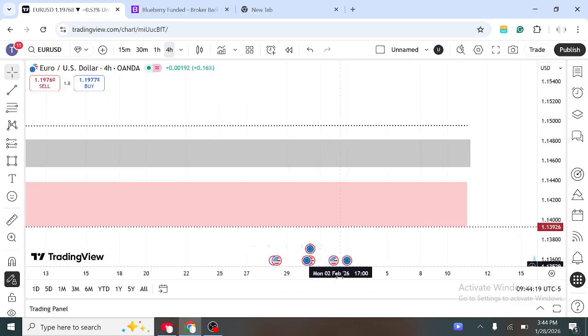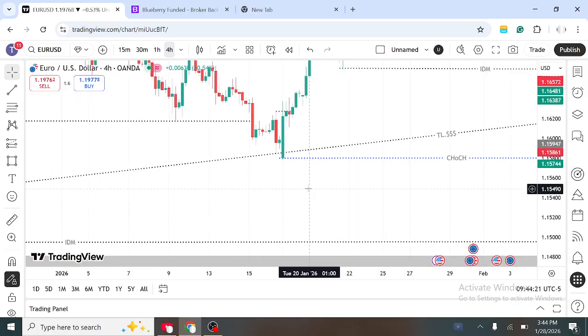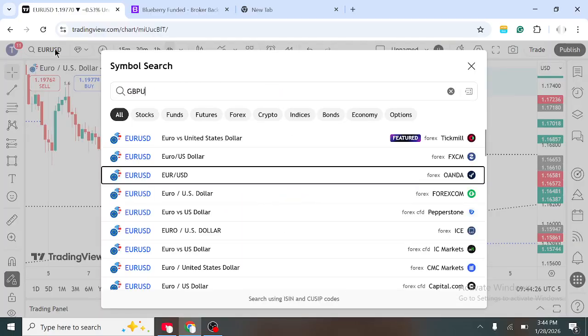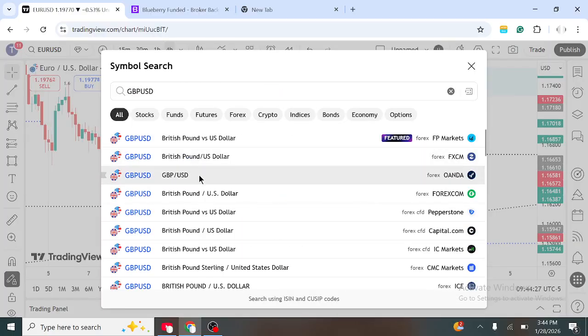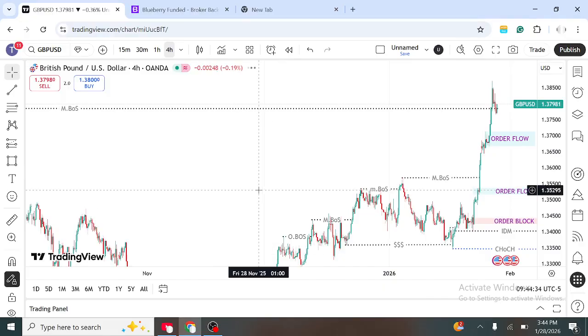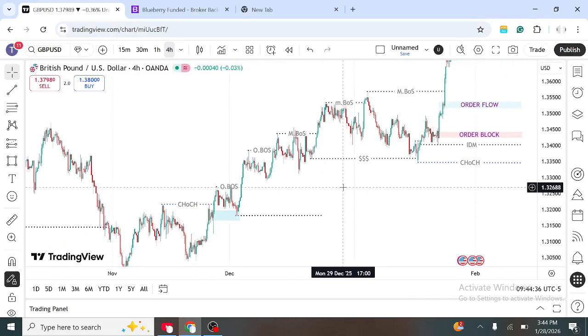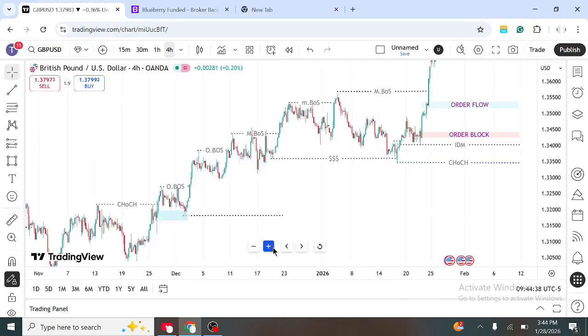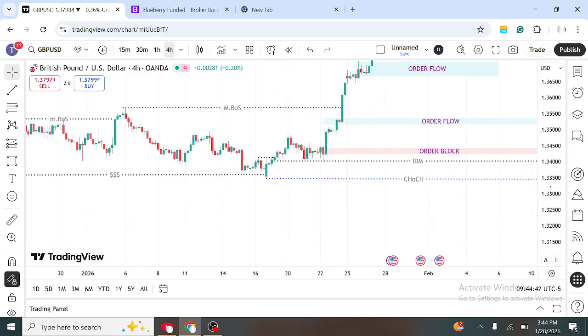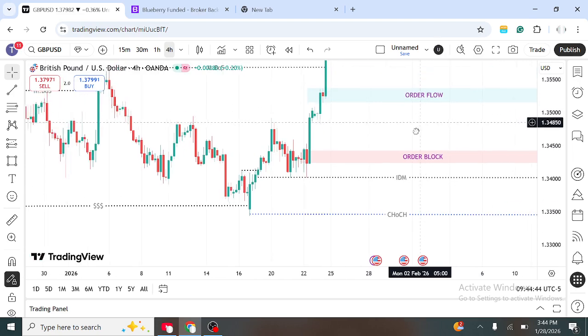All right, I will just show an example and then let me use GBP USD. Okay, so now the question to ask is, what is the time frame?